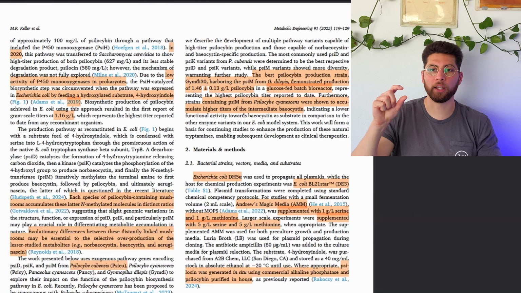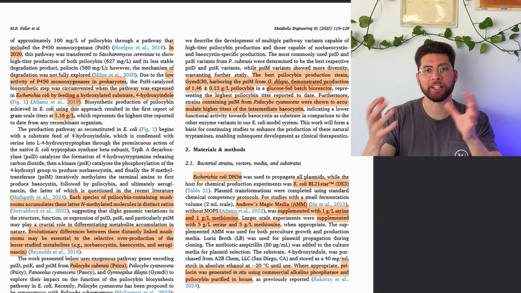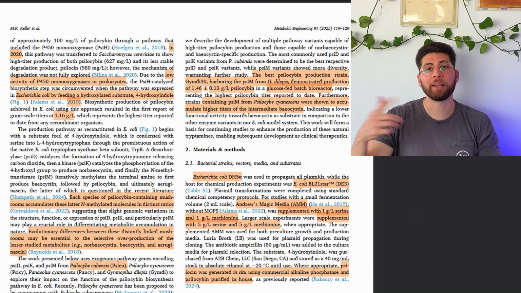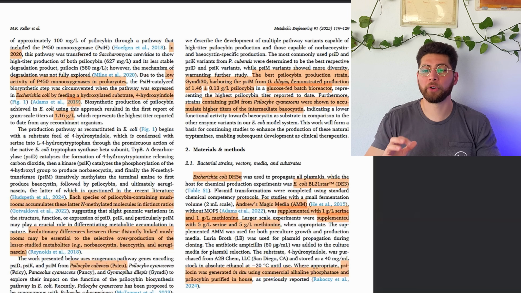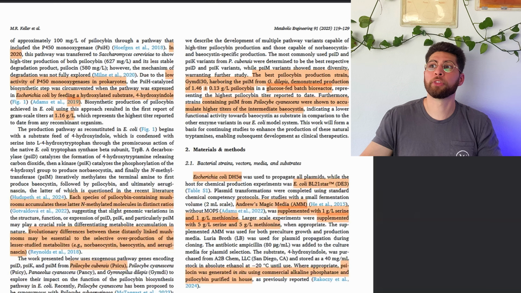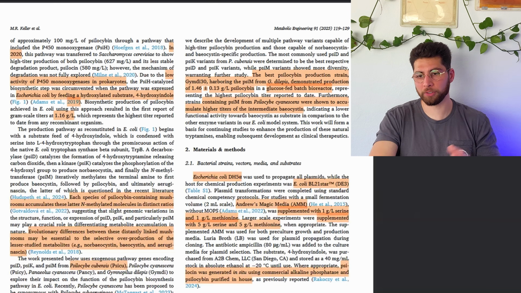If you were growing in 2 milliliter culture tubes, or in shake flasks that shake around in the incubator, you're not able to continuously feed glucose, and you're not in optimal conditions like you would be in a bioreactor. And so potentially with those methods, you would be creating less. So just keep that in mind. This is already sort of scaled up.